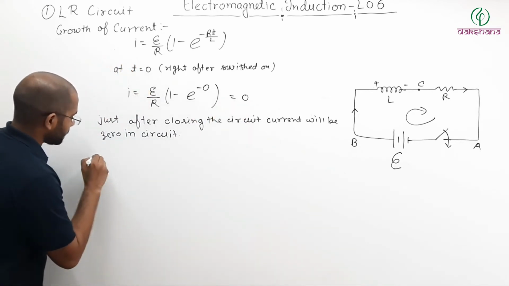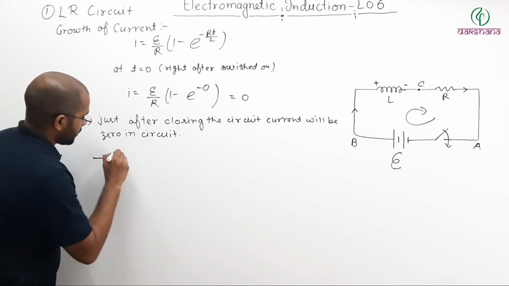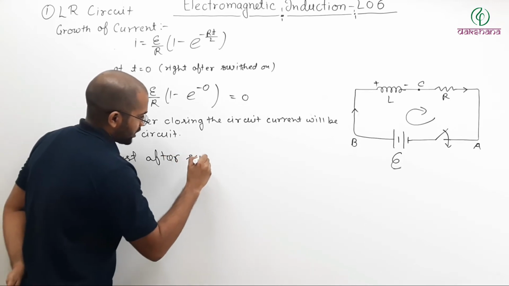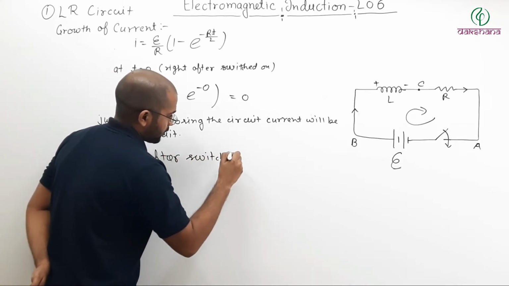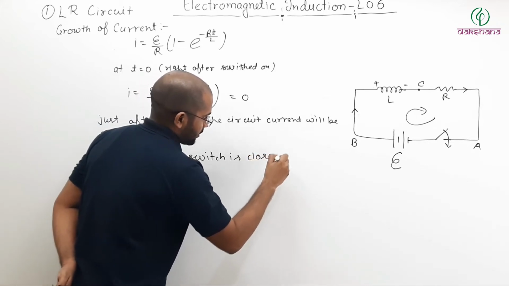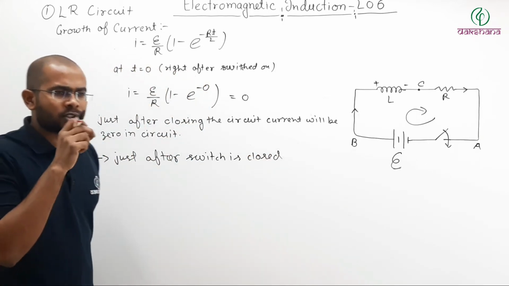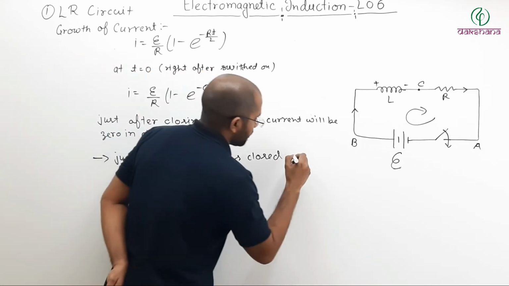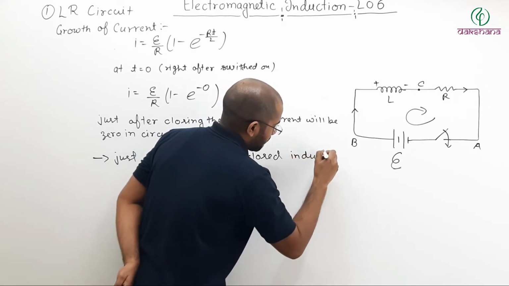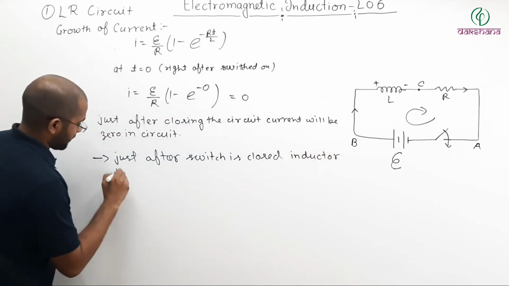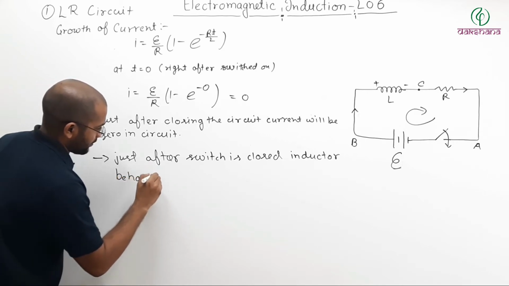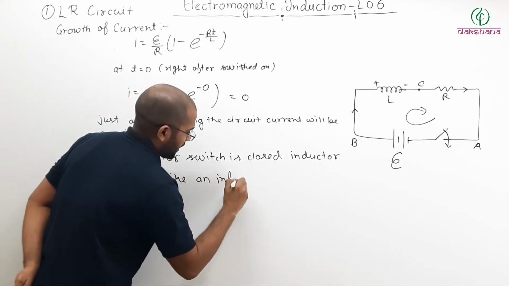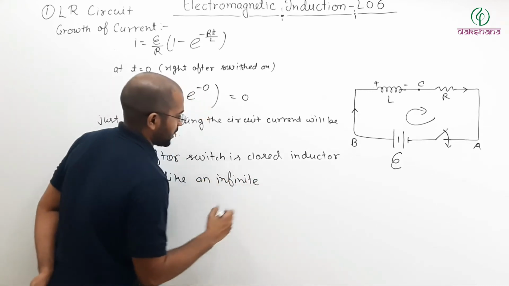So you can write that as a note. Just after the switch is closed, just after, remember we are talking about just after, not a little bit more, just after the switch is closed, inductor behaves like an infinite resistance.